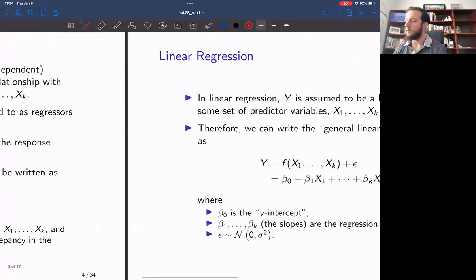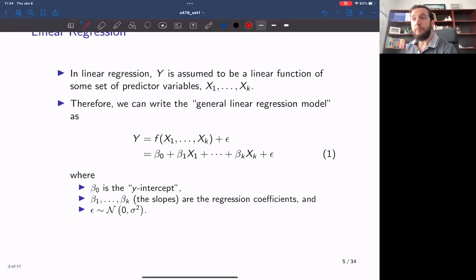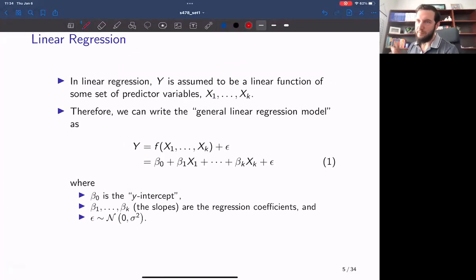All right, so I guess the simplest, or the second simplest type of model in terms of regression analysis would be the linear model. So in the linear model, we're basically saying let f of x be equal to beta 0 plus beta 1 x1 up to beta k times xk plus that error term. Now, in traditional linear regression analysis, the beta 0 is known as the y-intercept.